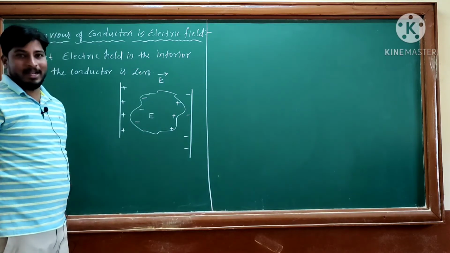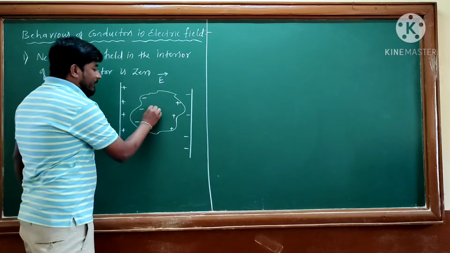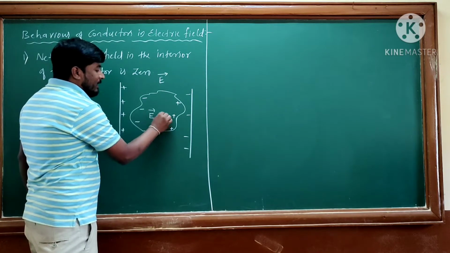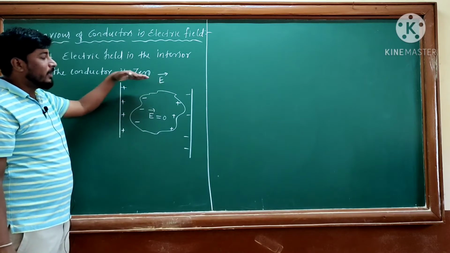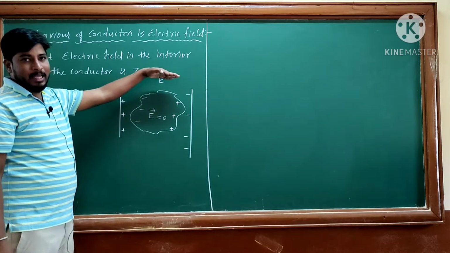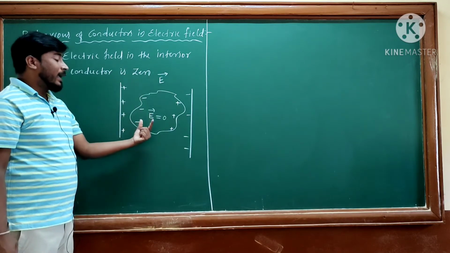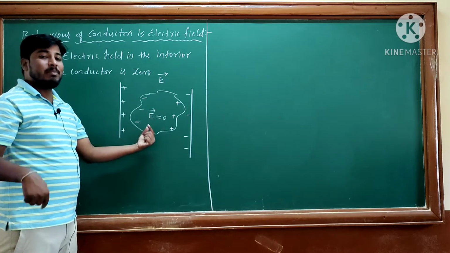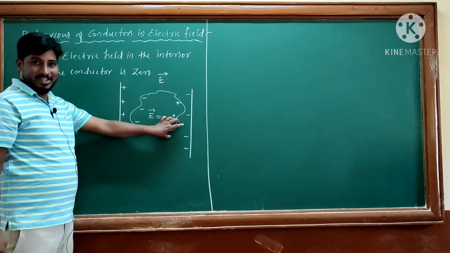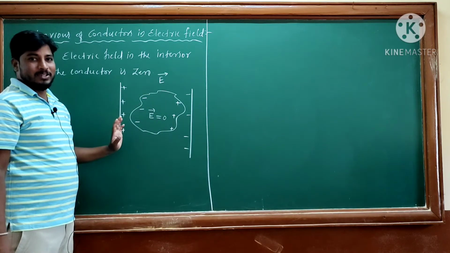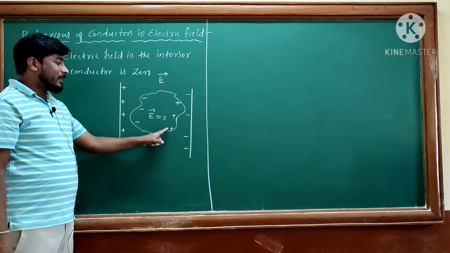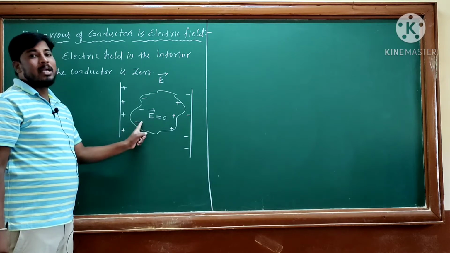Therefore, the electric field inside the conductor is 0, because the applied electric field is cancelled by the electric field established by the charges, as they are equal in magnitude and opposite in direction.